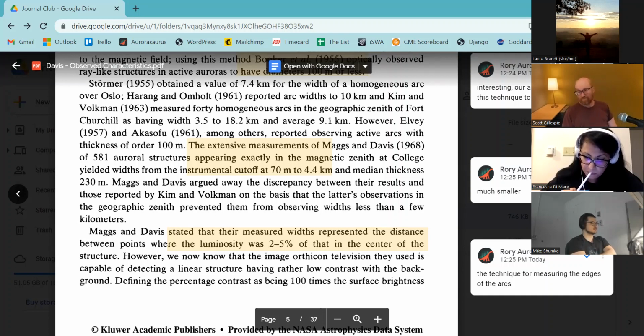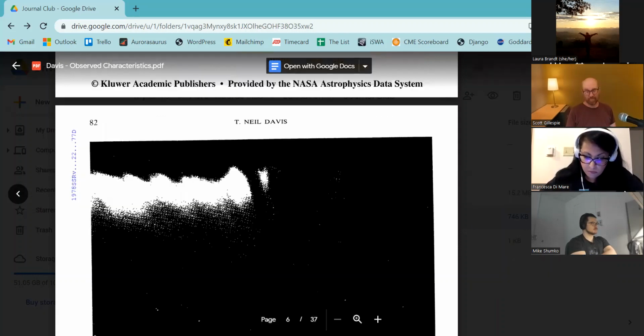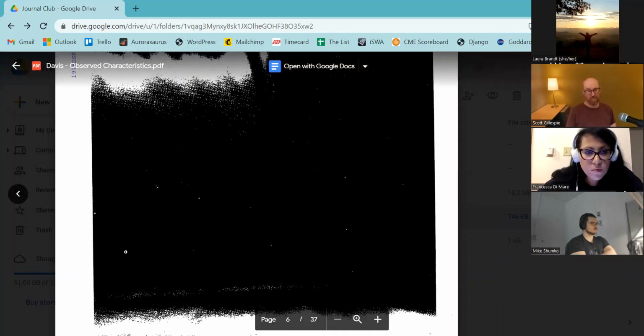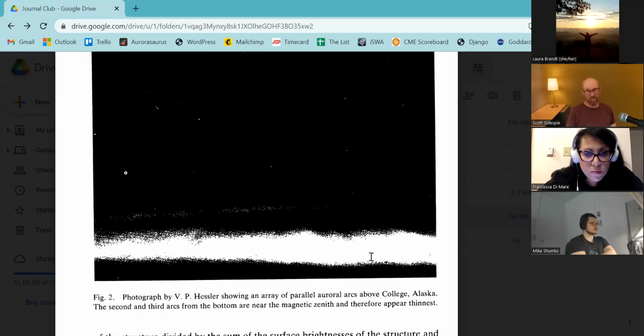And you could have a peak with very narrow edges. And this is actually what he shows in the figure. I think it's the figure on the next page, Laura. Yeah, scroll down just a touch here so we can see the caption.